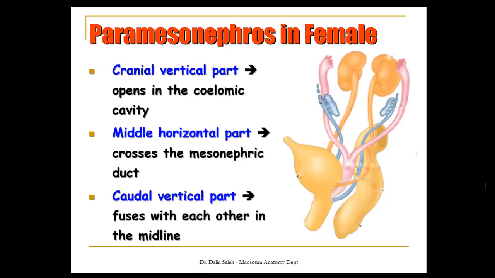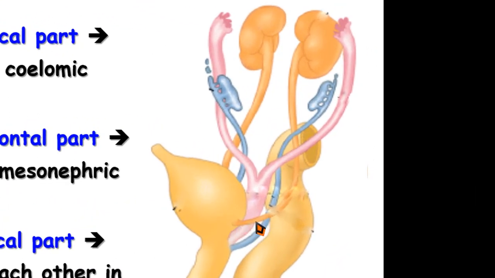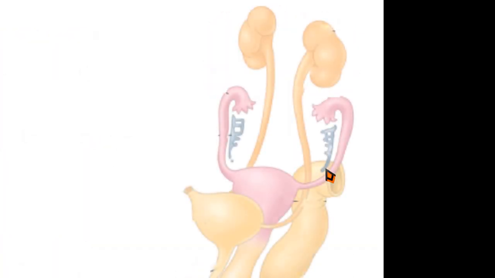You can see with further growth, now the mesonephric duct system, either the collecting duct system or the mesonephric tubules, now regress, and the definitive kidney now develops. This is the ureter and this is the kidney, and the paramesonephric ducts get more and more enlarged, and they fuse by their caudal vertical parts in the midline till we reach this final form.